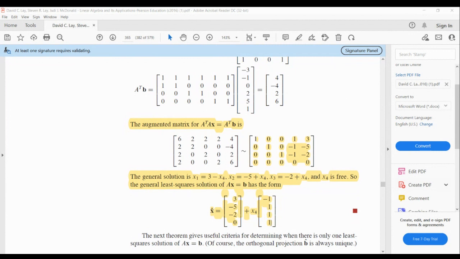Now that is not generally desirable, right? If we want a least squares solution, it's generally desirable, particularly in applications, to have one least squares solution. But in this case, you do not, because the column vectors of the matrix A were not linearly independent.